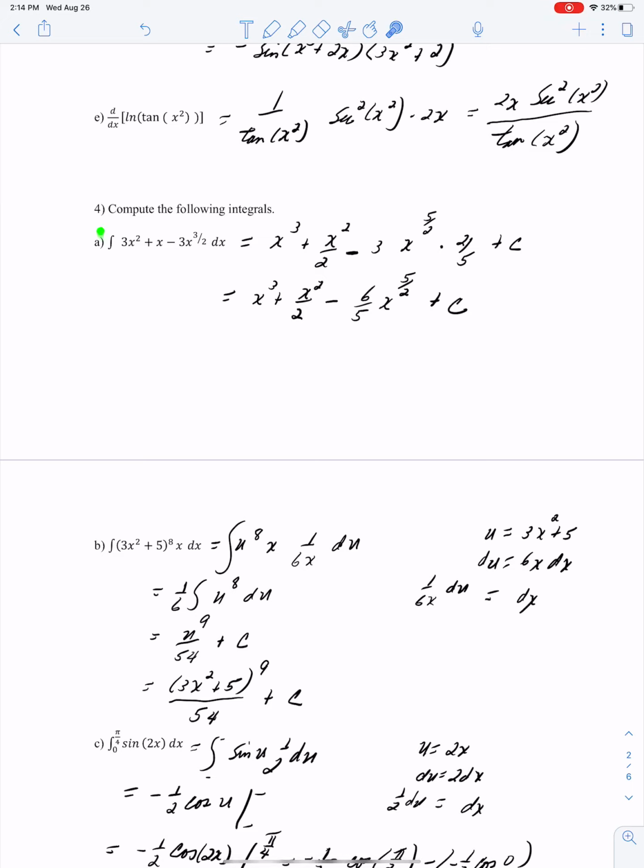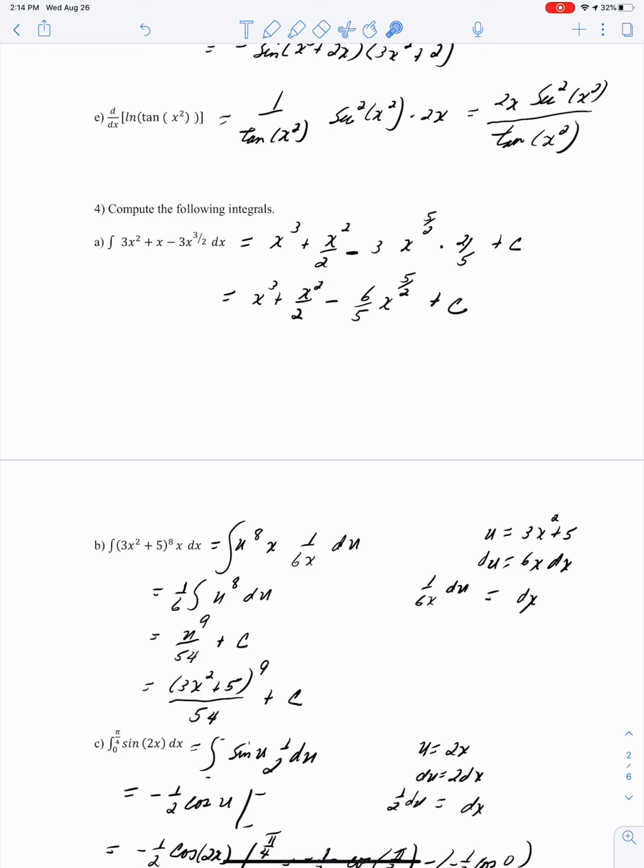The first one is an indefinite integral, so it just asks to find all antiderivatives. You have to undo the power rule. And the integral of the sum is the sum of the integrals, so you can do each one separately and then just add them up.